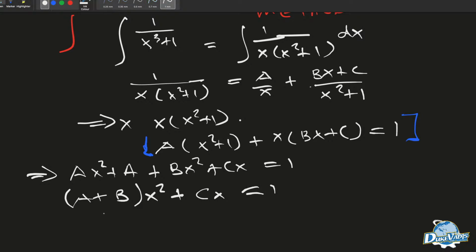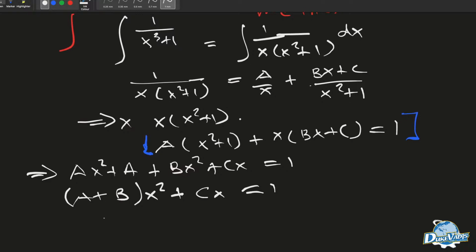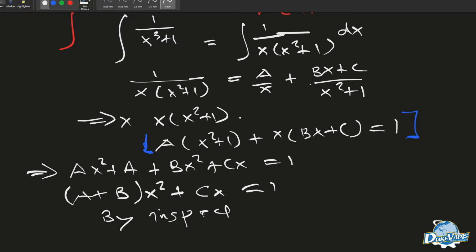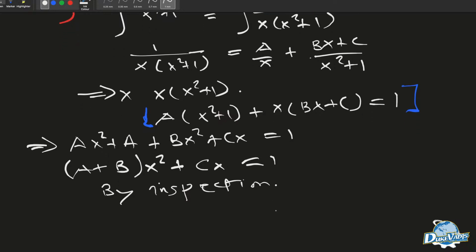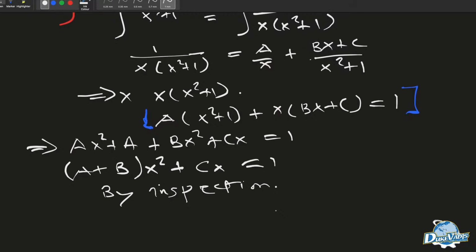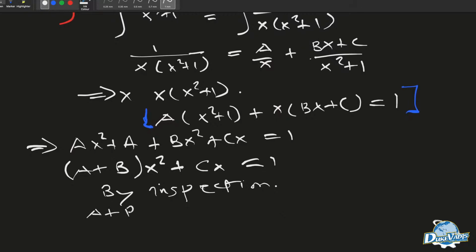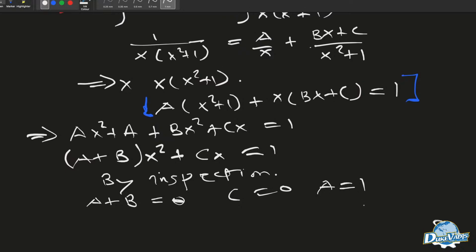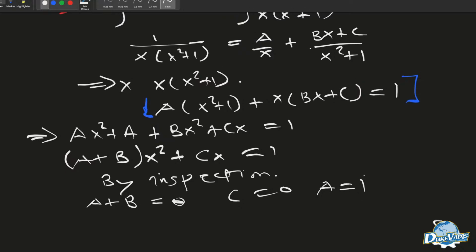So by inspection, we can say that A plus B equals 0, because we don't have any x squared term on the right hand side. Then C is also equal to 0, but A is equal to 1.